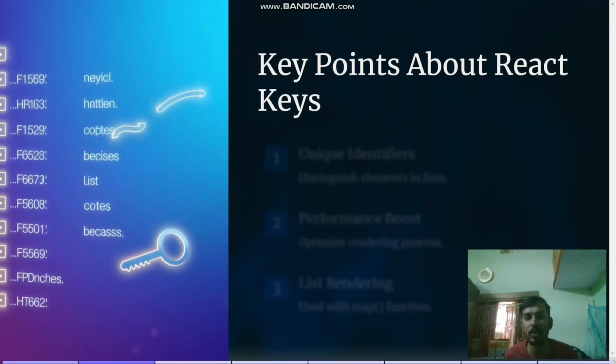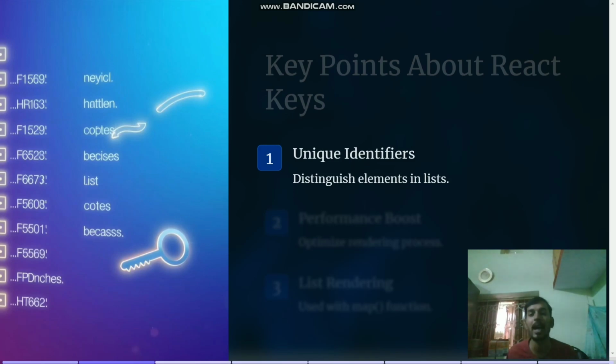Keys are a very important point in React.js. A key is a very special attribute which we use in React. It's a unique identifier that distinguishes elements in a list. Means it helps to separate an element from other elements. Every element gets a unique key.